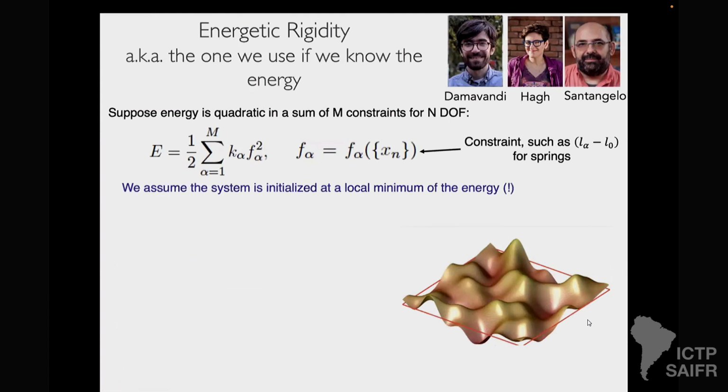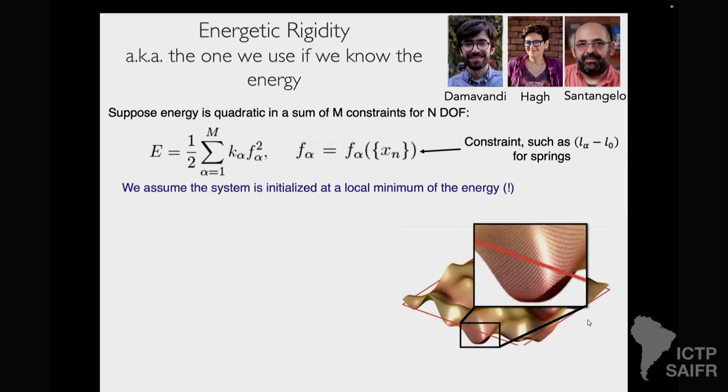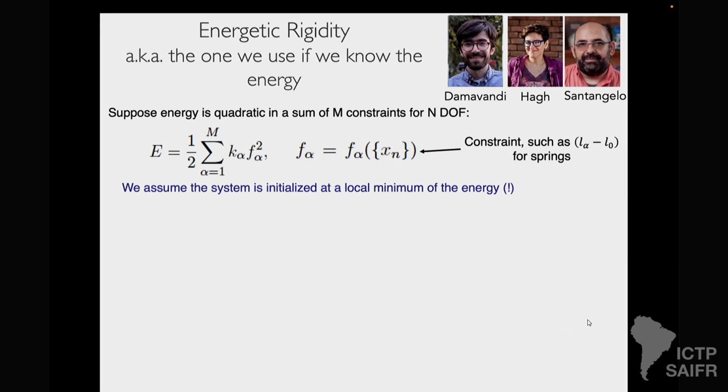We as physicists assume that the system is initialized at a minimum of the energy, which is not something the mathematicians do, which is kind of interesting. But that means we're assuming our system is mechanically stable at the start, so it's at the bottom of a complex potential energy landscape. Then the obvious thing to do as a physicist is to think about perturbations around the minimum of this energy.